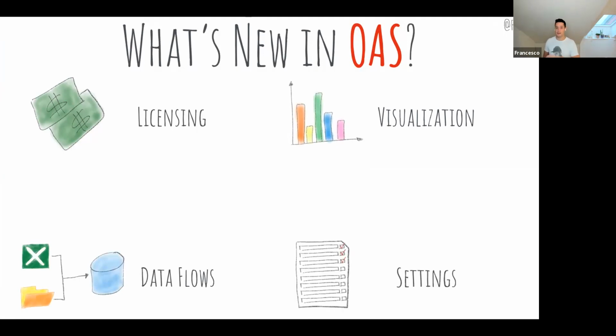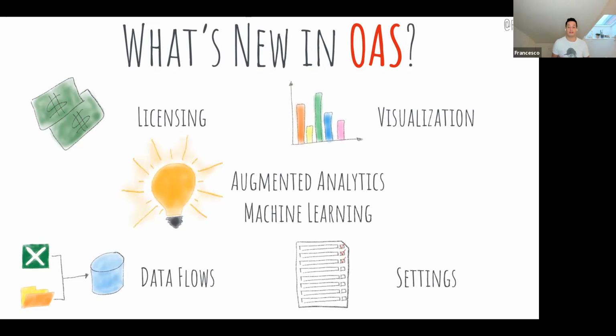And also the settings, the way that managers and administrators were used to managing the platform, is changing a little bit. And then the big thing is about augmented analytics and machine learning. We had some basic capabilities in OBIEE 12c, in the latest OBIEE 12c, about self-service and augmented analytics. That is way better now with OAS.